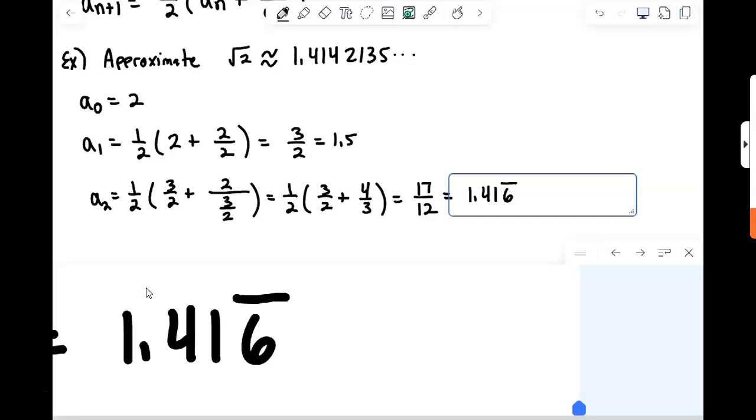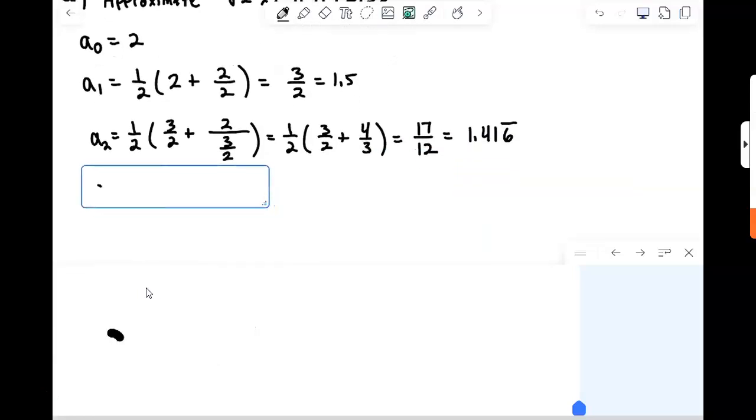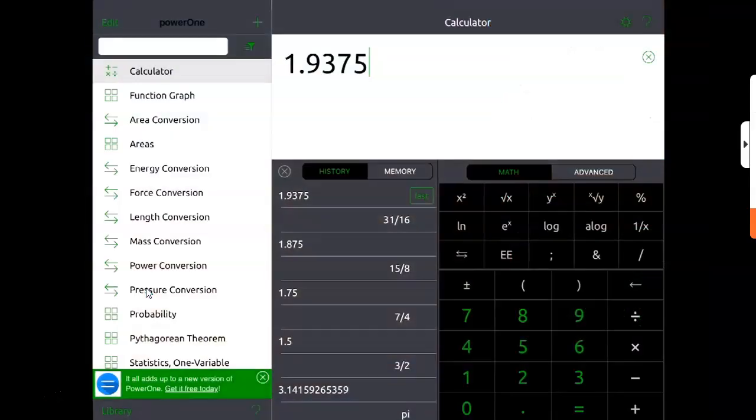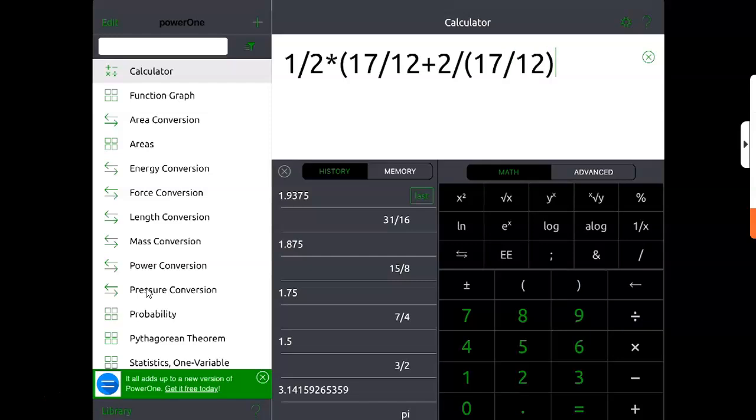And then we're going to do the same process again to compute A3. I'm just going to punch this into a calculator at this point. So 1/2 times my last guess, which was 17/12, plus 2 divided by 17/12.